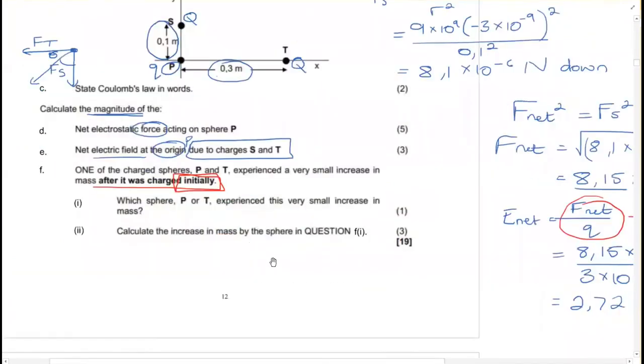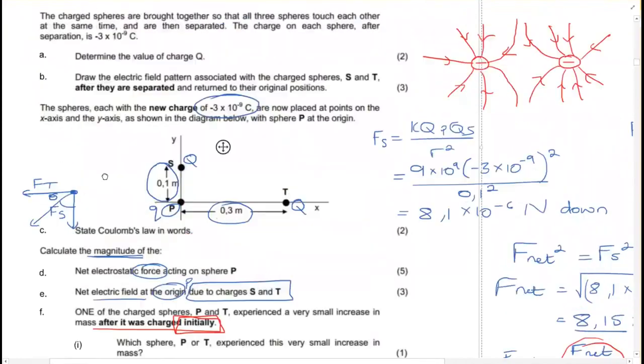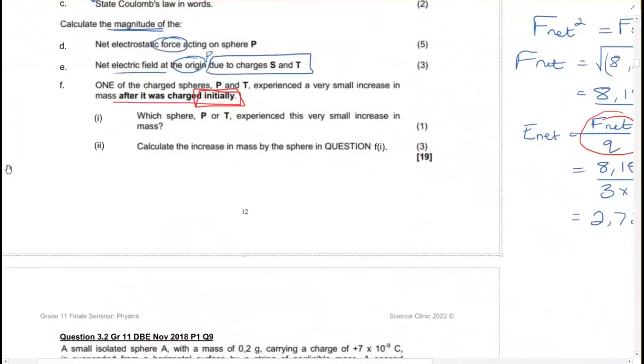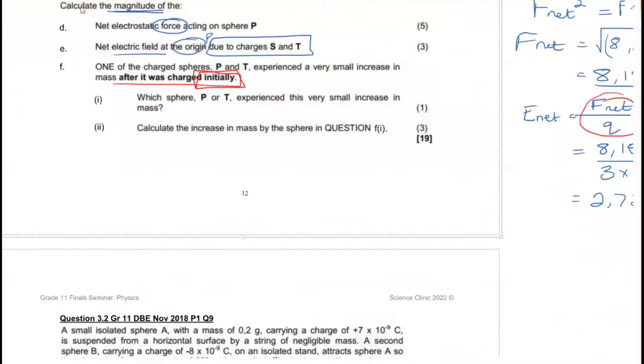Calculate the increase in mass experienced by P. Okay, so we're going to use the amount of charge, the minus 15 times 10 to the minus 9. That is the amount of charge it gained, which means we need to figure out how many electrons it gained from that charge. How do we do that? The number of electrons is equal to the charge gained divided by the charge on an electron.